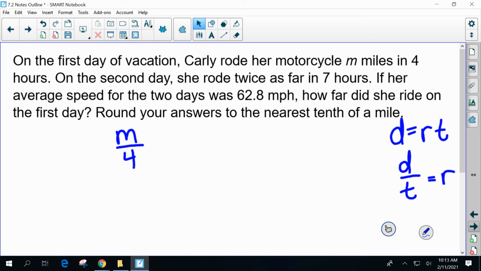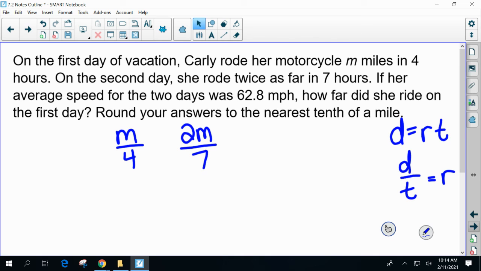So that would be her first day's speed, right? And then on the second day, she rode twice as far. So she rode M on the first day. So what'd she ride on the second day? 2M in 7 hours. So that's her speed for the second day.